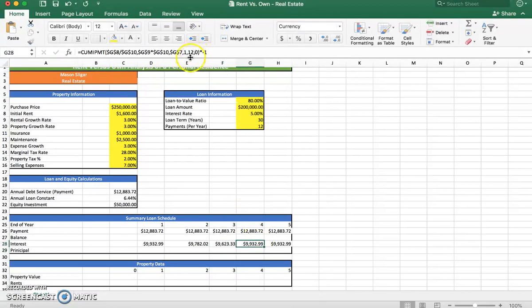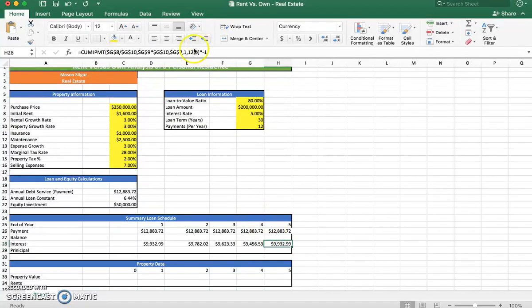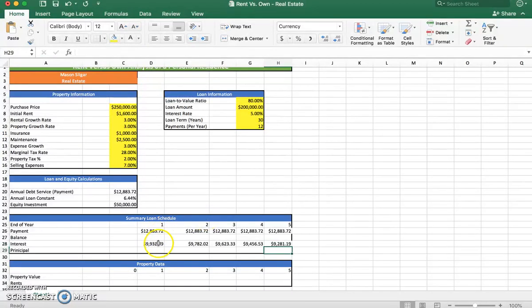Next one will be 37 to 48. Okay, last but not least, next one's going to be 49 to 60. Sounds about right to me. Perfect. Alright, so now as you can see, it's going to slowly go down every year, and that's what we want.